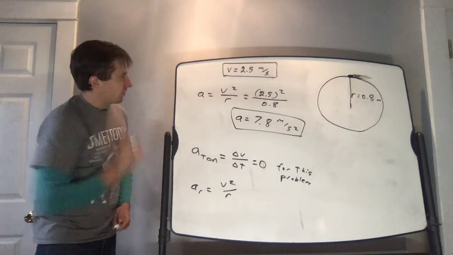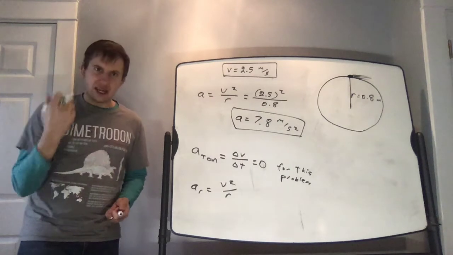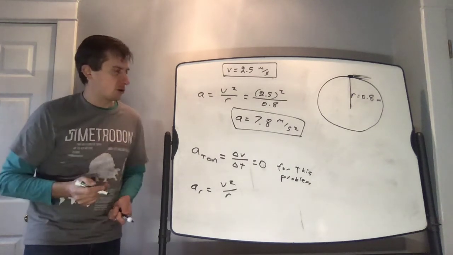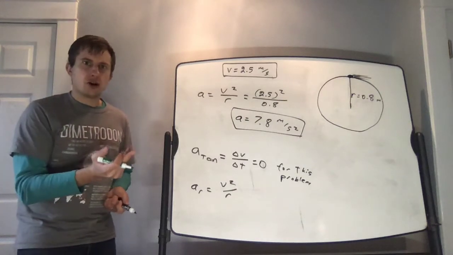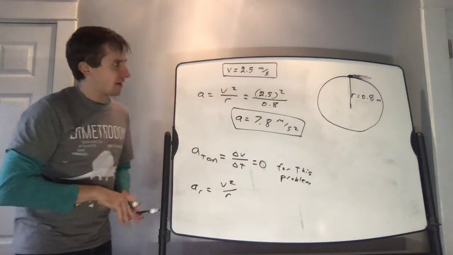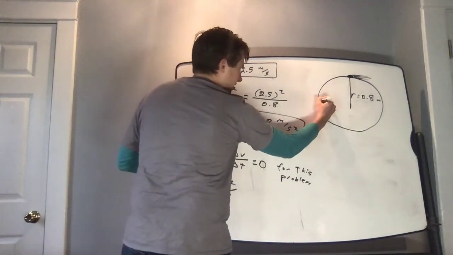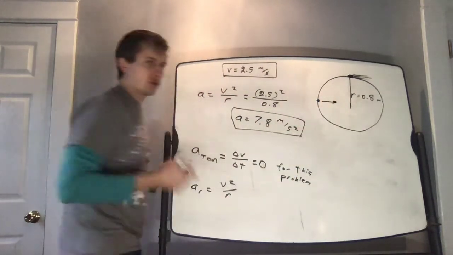So for this specific example, the direction of the centripetal acceleration is going to be inward towards the center of the circle. Now, what direction is towards the center of the circle? Well, that depends where the object is in its circular path. If the object is right here in its circular path, then towards the center of the circle points to the right.